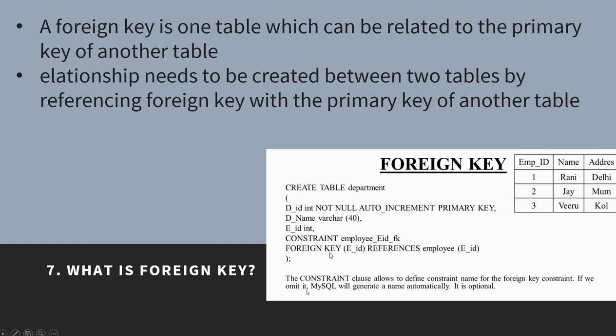We will use the constraint clause, which allows us to define a constraint name for the foreign key. So here we use references and the foreign key to reference the foreign key with the primary key of the main table.